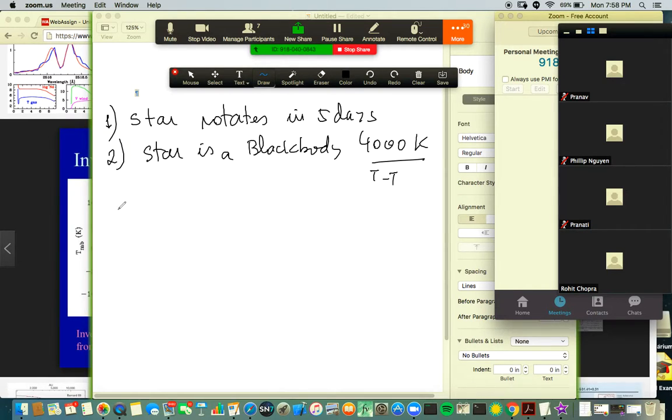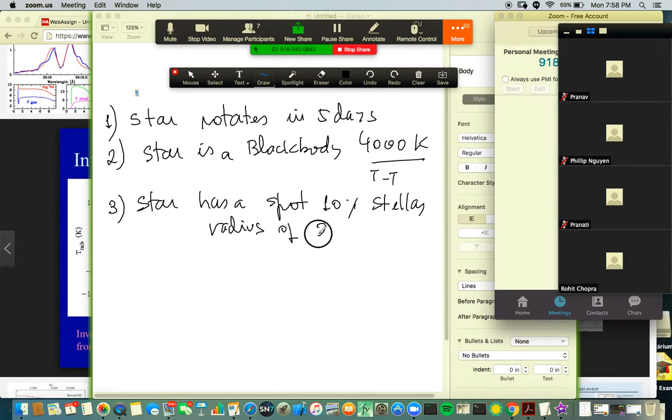And three, the star has a spot, 10% stellar radius, of 3,000 Kelvin. So it's slightly cooler.